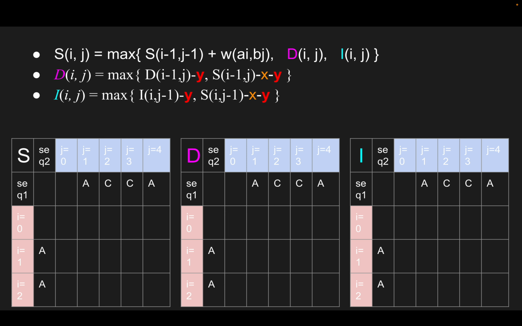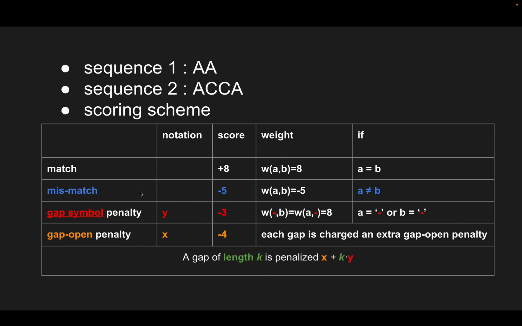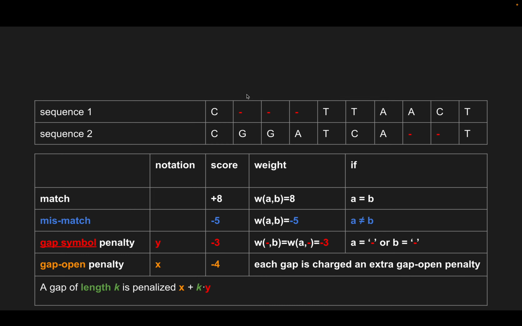First of all, we will take the example in the lecture, where the first sequence is AA and the second sequence is ACCA. If you go back to the first page, you can see it here.